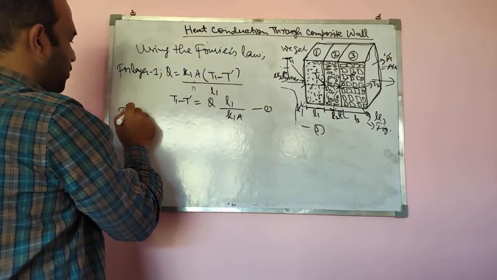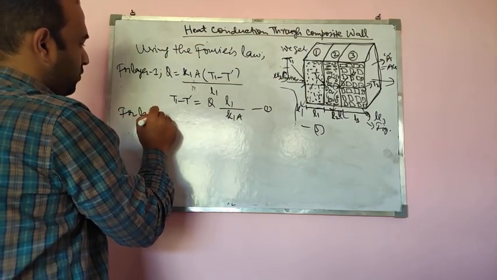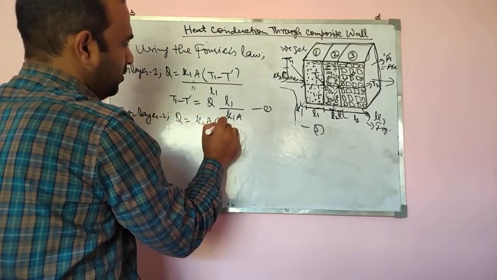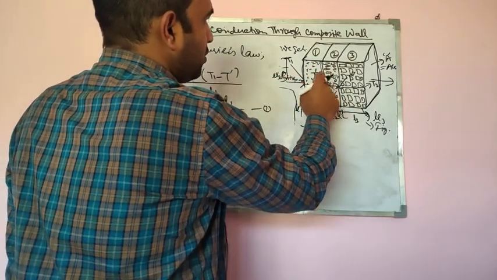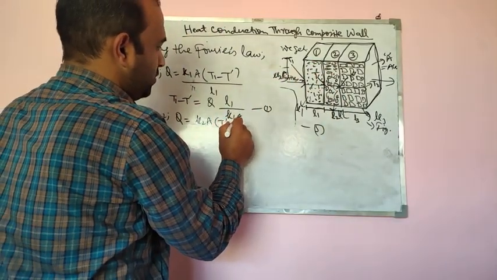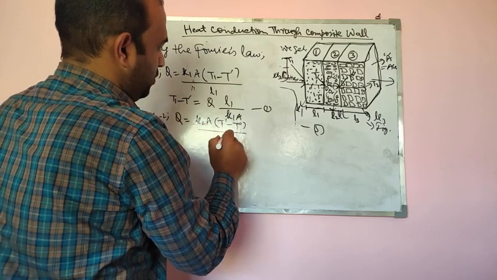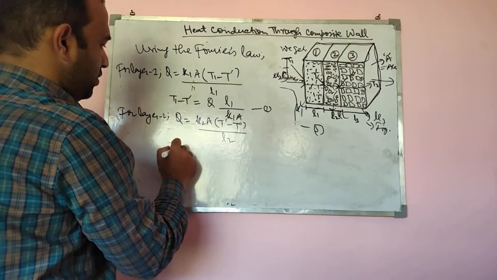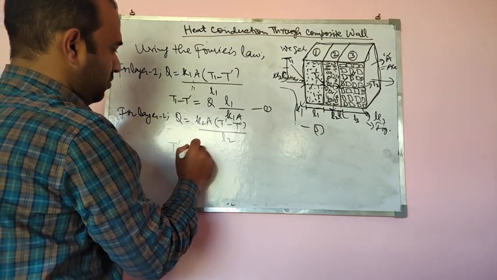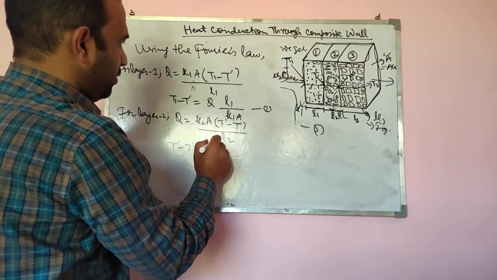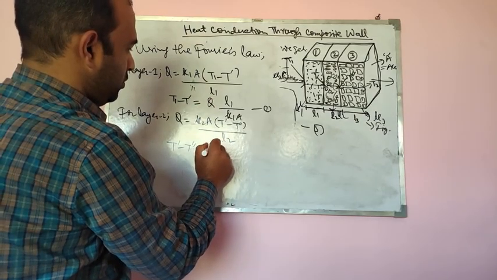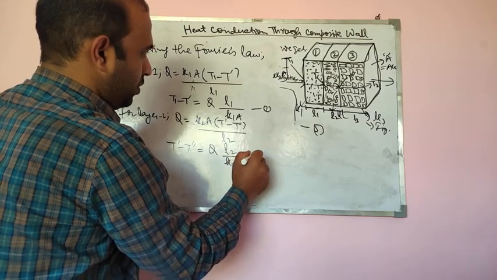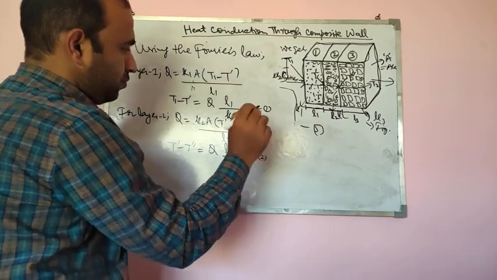And similarly we can write for layer 2, Q will be equal to K2 A times T dash minus T double dash divided by L2. So rearranging this, we get T dash minus T double dash is equal to Q L2 by K2 A. Let's call this equation 2.